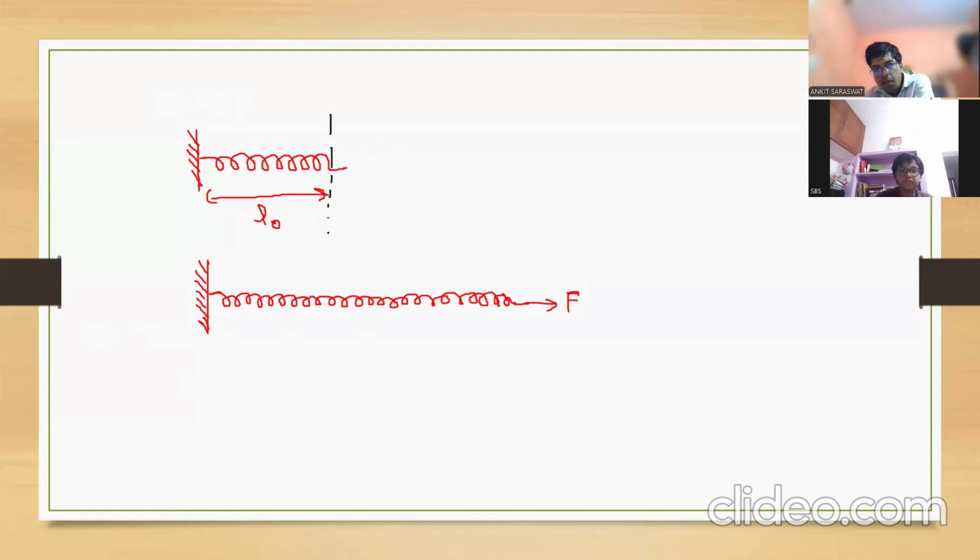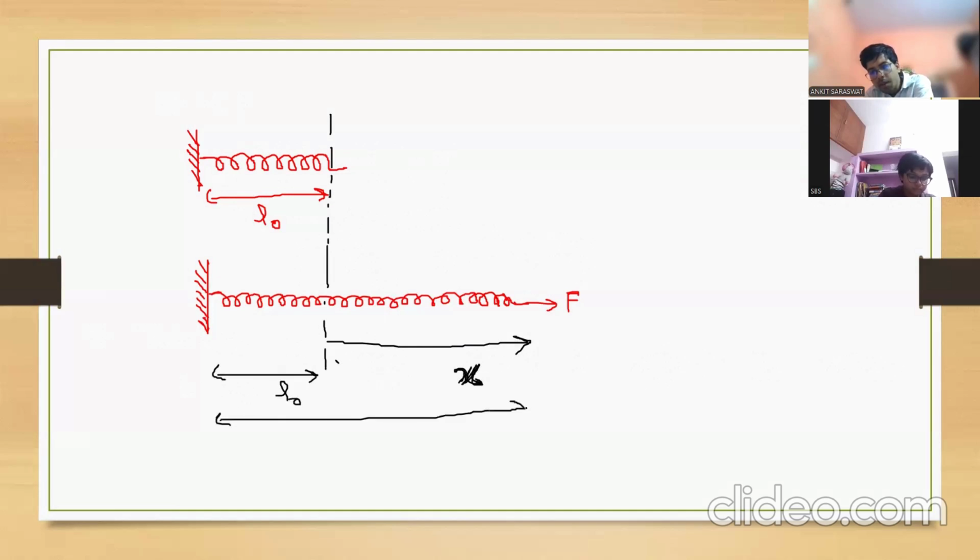From L naught, how much have you displaced? It is x. X is the displacement from the natural length. This is L naught. And the total length after extension is L. Then x will be L minus L naught.